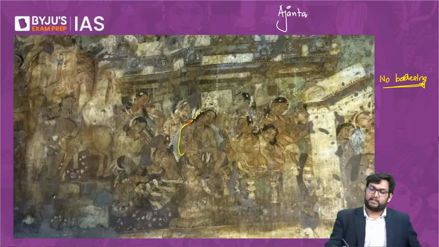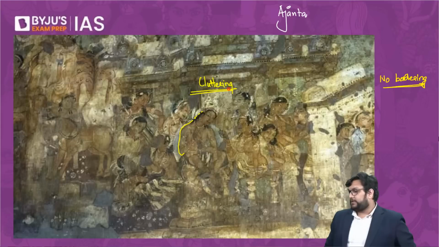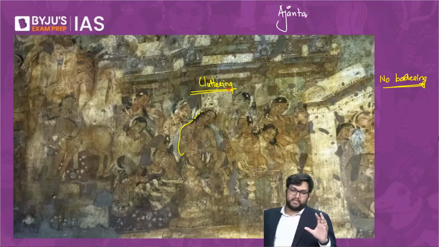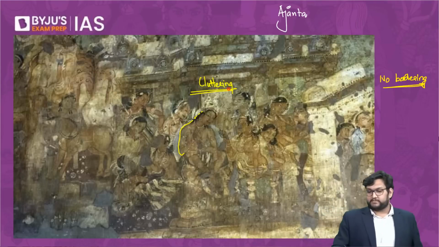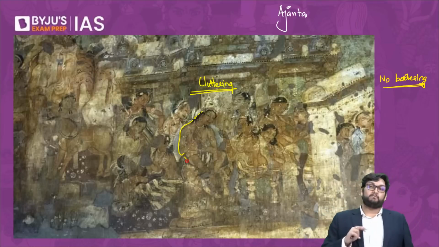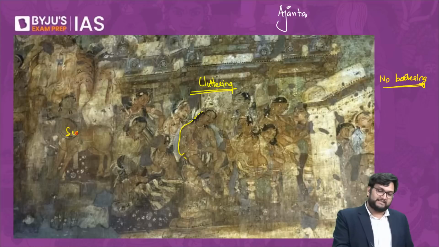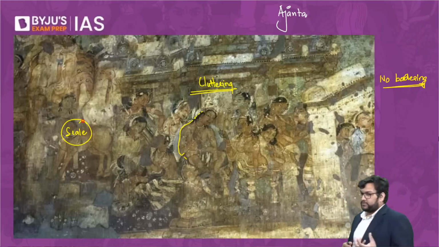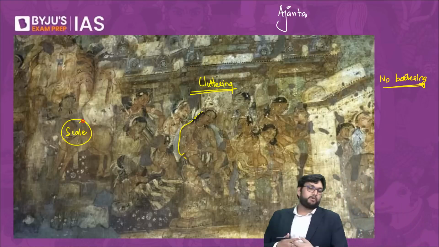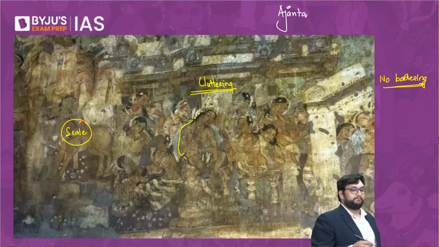Second is cluttering. A lot of things have been pushed into the same image. Bordering is not very well done, cluttering is one more issue. And the third would be scale, which we discussed yesterday. They are not able to express depth, and therefore issues of scale remain.